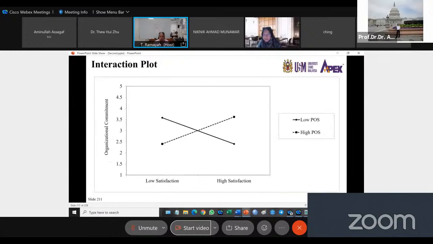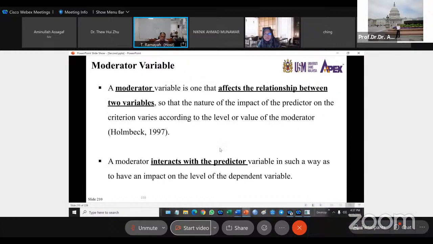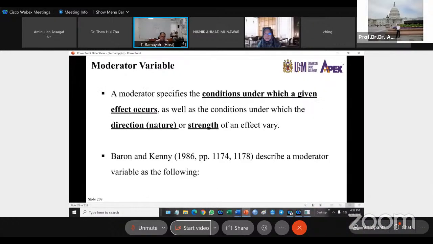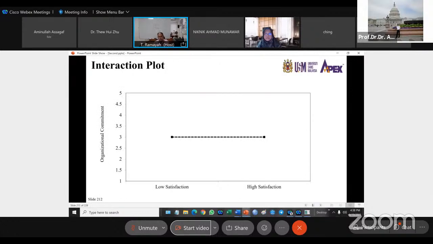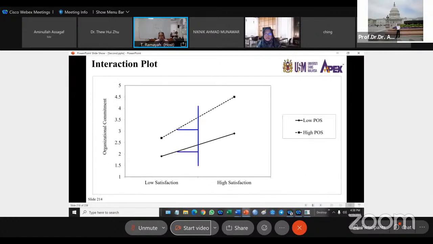When we introduce the moderator, now you see the line changes. This is what we meant by the changes in the direction of the relationship. That's what we are trying to do in this model. But most of the time we are doing this.